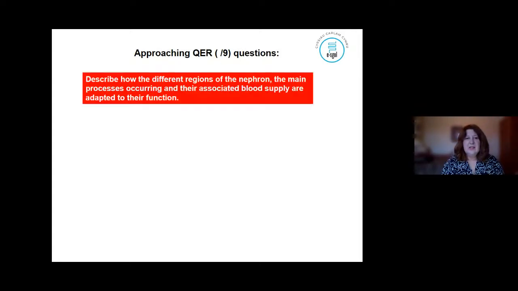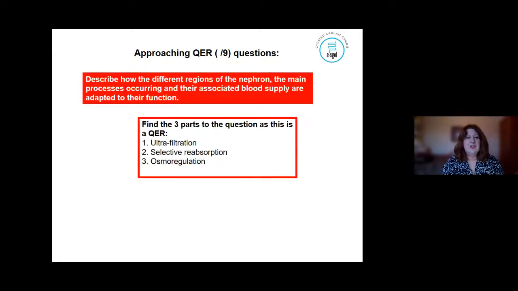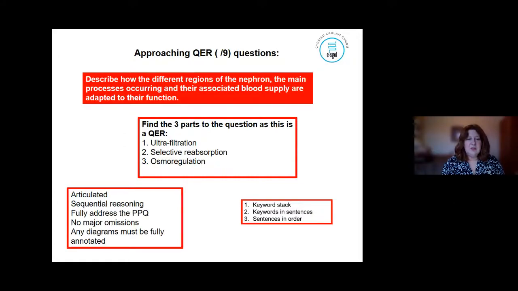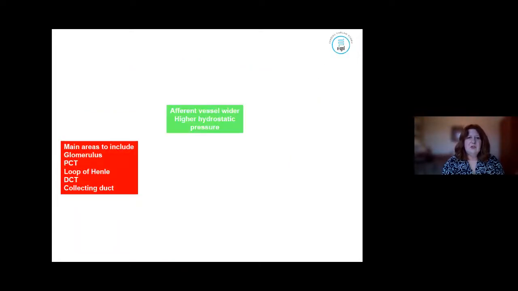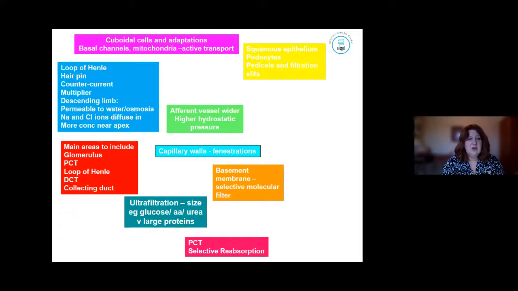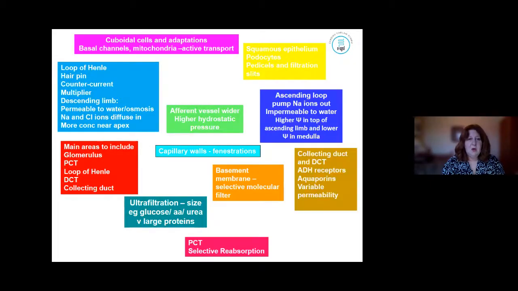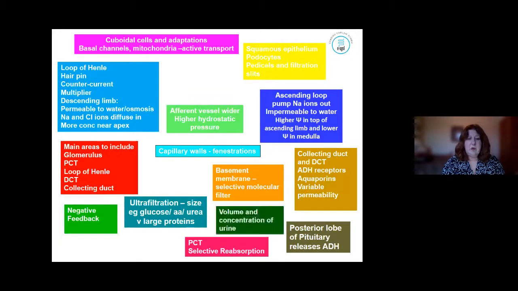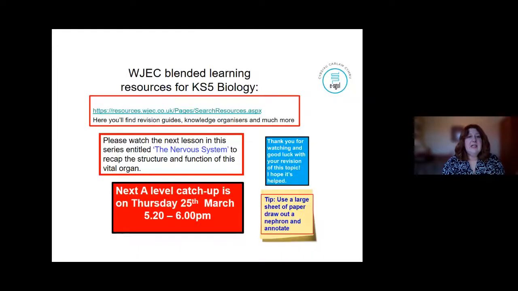And the one last thing that I will also finish with, if you're used to my sessions, is picking three parts, as I mentioned at the start, and then picking out a range of keywords in the order that I ask the question, so that you can then put an answer together with all of these keywords in sentences, in sequential order.